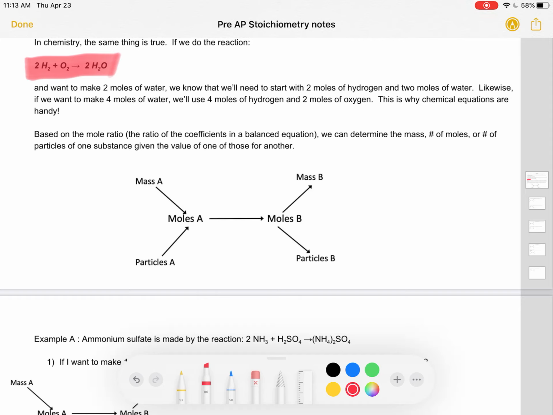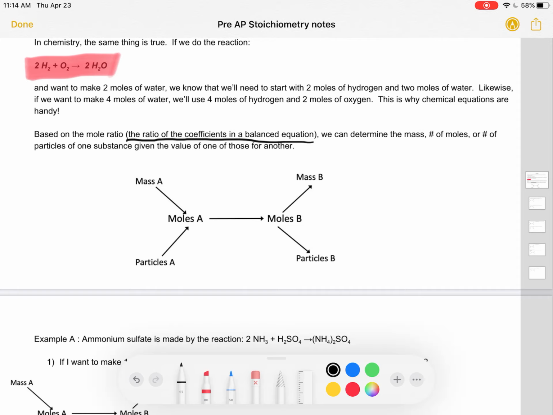So I might just want to write that down. Oh wait, it's already here. The ratio of the coefficients in a balanced chemical equation. So if you have a balanced chemical equation and you know something about one thing in that equation, you can determine the mass of something else, the number of moles of something else, the number of particles of something else.